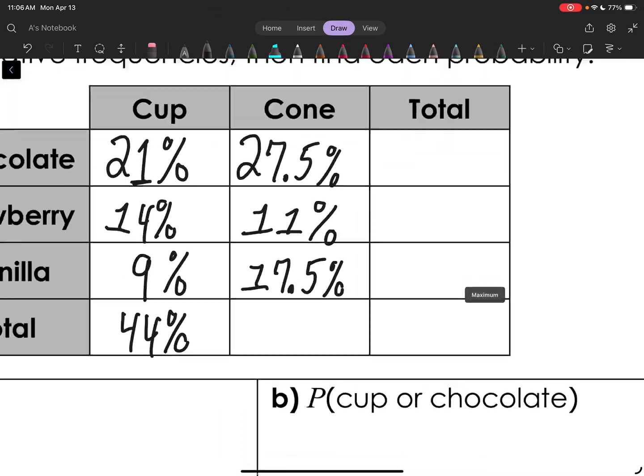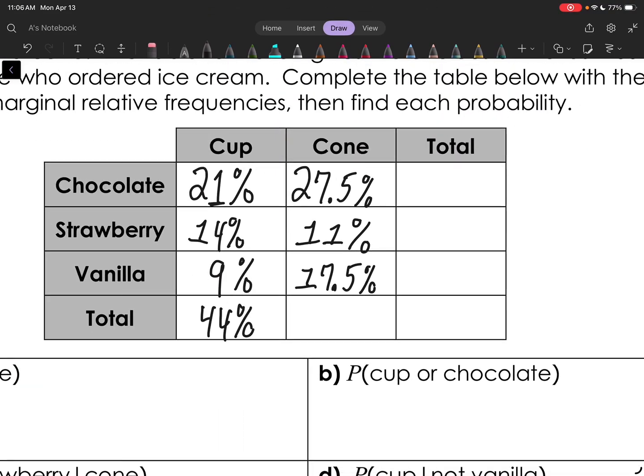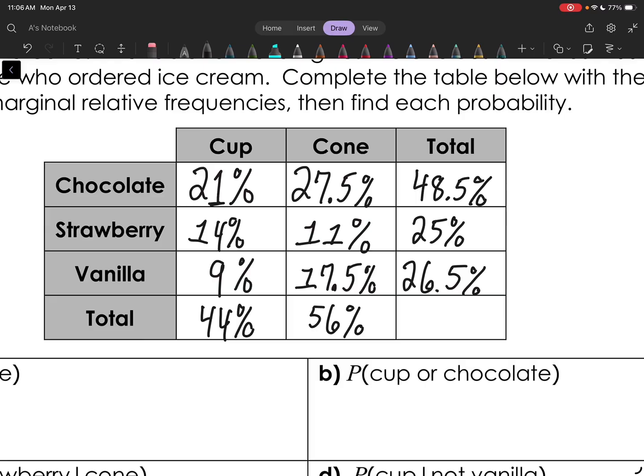And now we can add these for the rest. 56%, 26.5%, 25%, 48.5%, and 100% total. Very good, we're done.